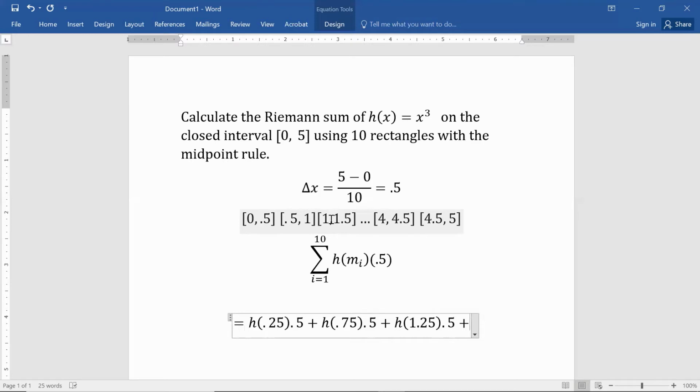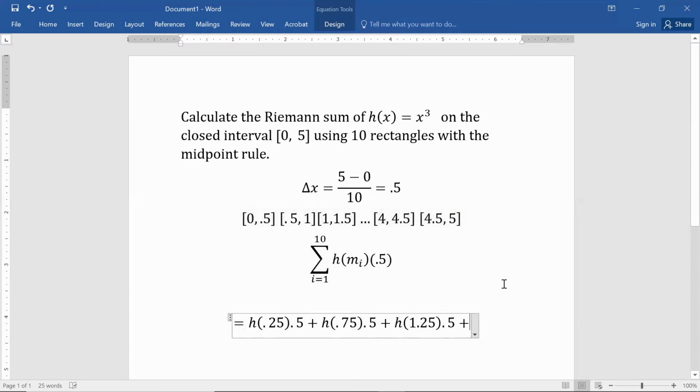And this pattern keeps on. Notice that when you go from one to the next, each jump of a midpoint is a jump of size 0.5 because that was the size of my subinterval.